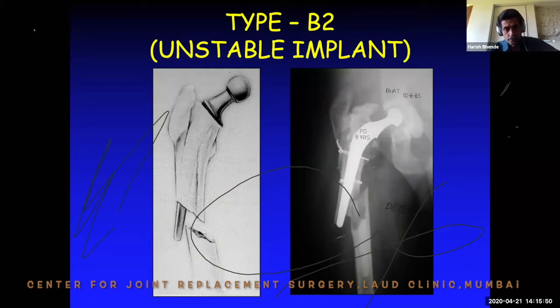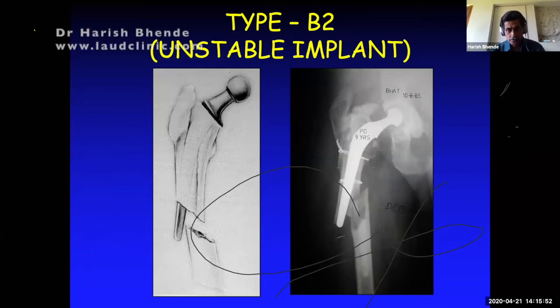So many times what we do is take a long X-ray or some traction views, or sometimes even a CT scan, but you need a MARS type of CT scan where you can eliminate the metal artifact created by the implant. Otherwise, you can't see a good osteolytic area around it. So a MARS CT scan may be a good additional test to identify whether it is a type B1 or B2.